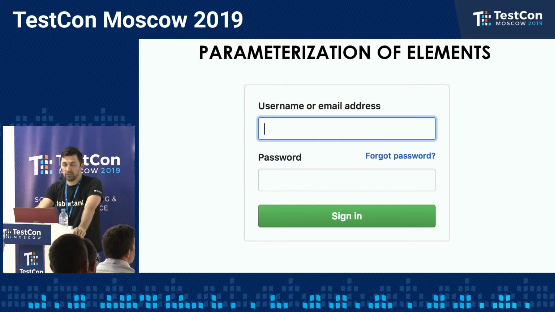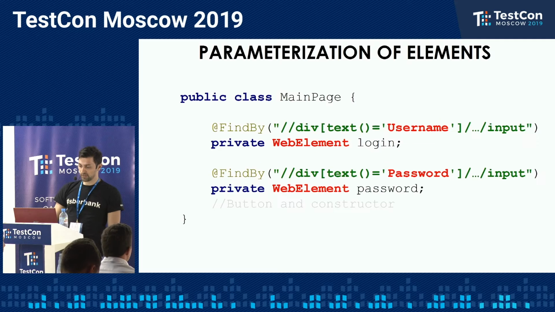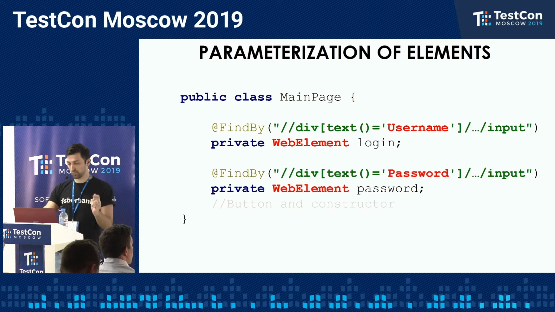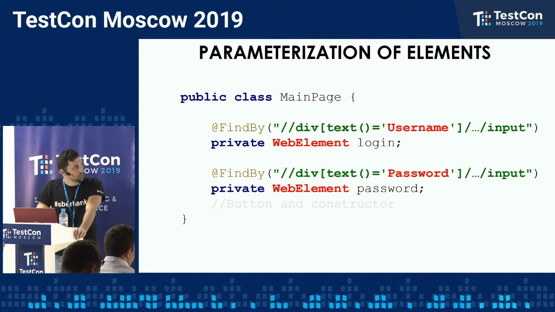Let's imagine we have a form here with 3 elements: 1 button and 2 fields that you need to fill in, login and password. In the old scheme of things, you would have to write your username field and password field. Only the red text would differ here.